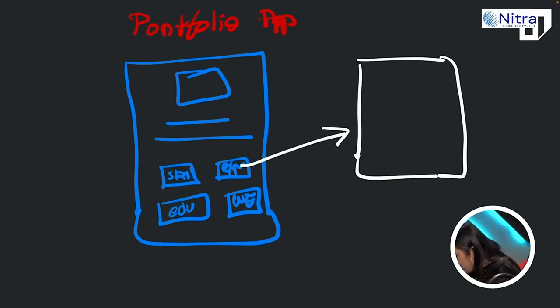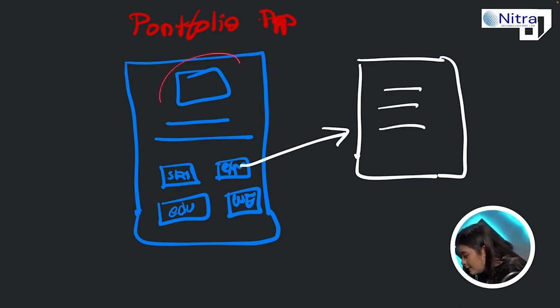Sorted. So whenever we click a button like work experience or achievements, we will open a new activity, and that will have another set of views. These are called views. This image is an image view, then text view, and this is a button. So let's move ahead. This is how your app will look.